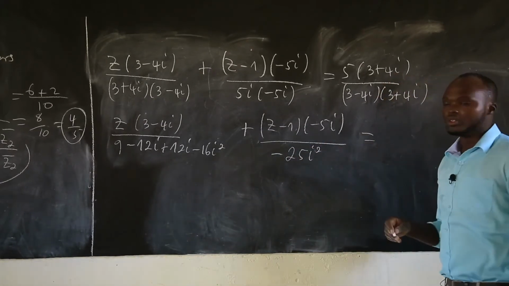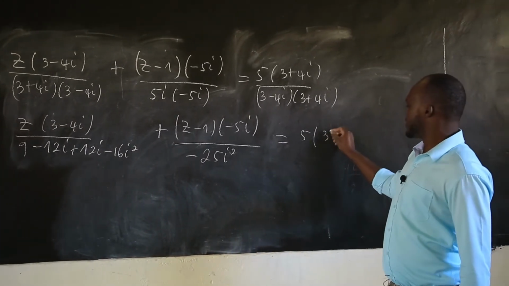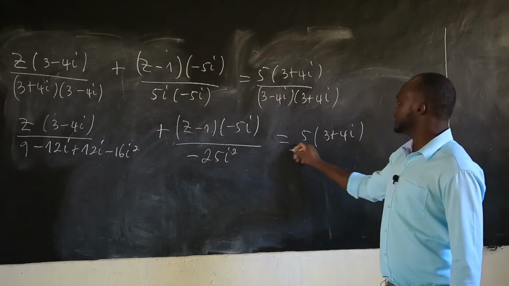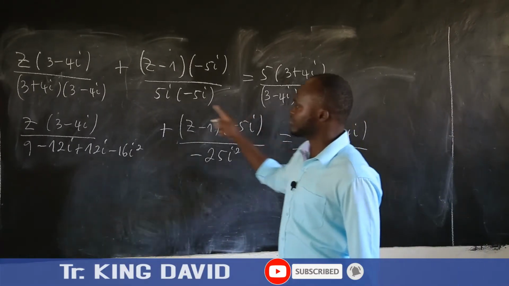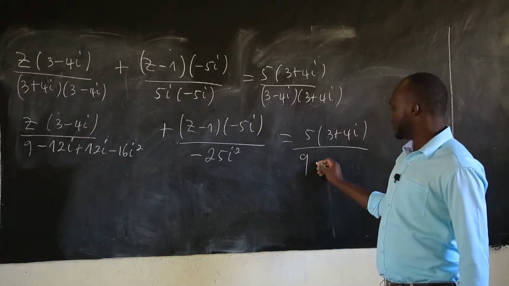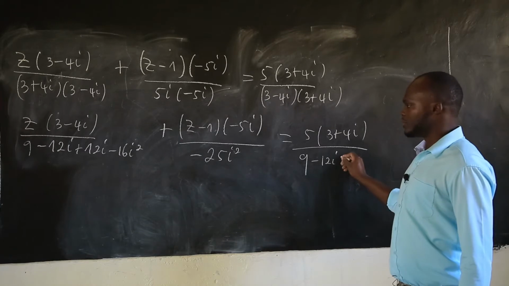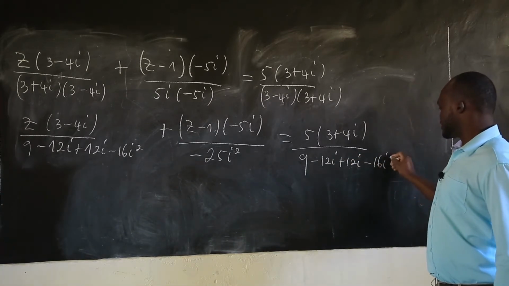Which is equal to 5 times 3 plus 4i divided by the same denominator, which is 9 minus 12i plus 12i minus 16i squared.